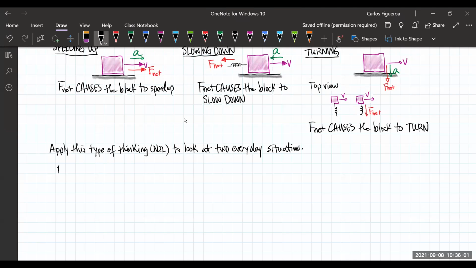We're going to start off with force-free motion.